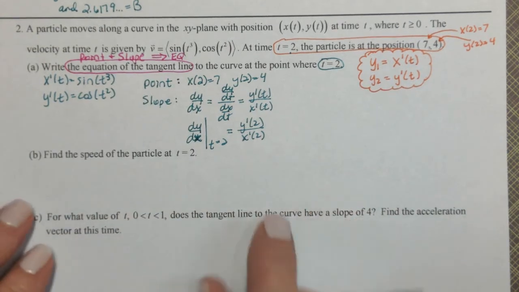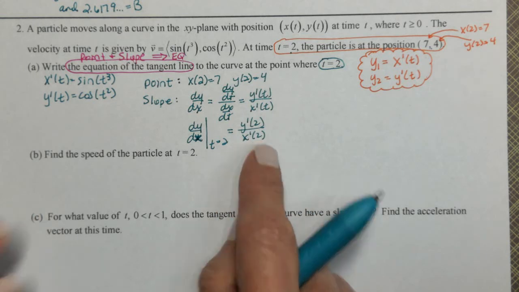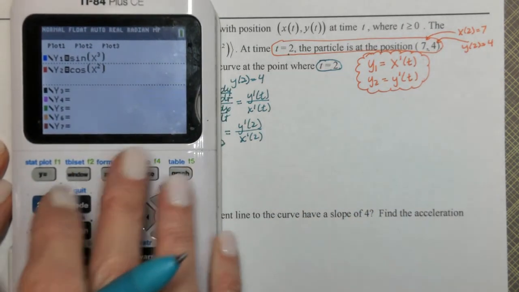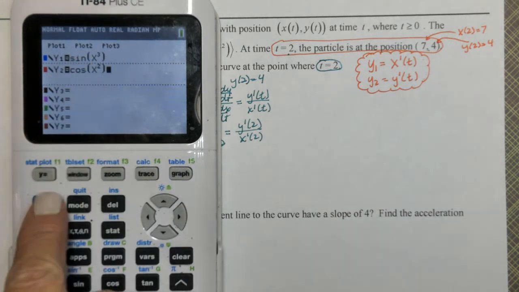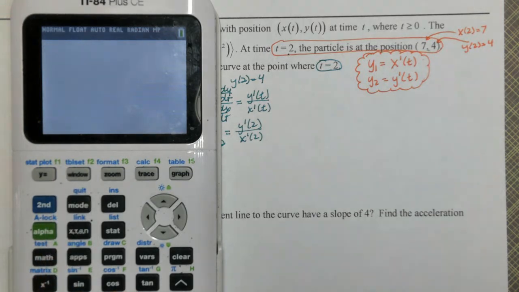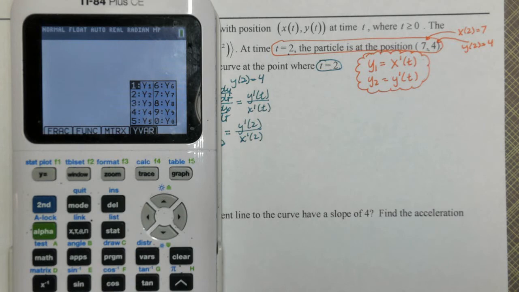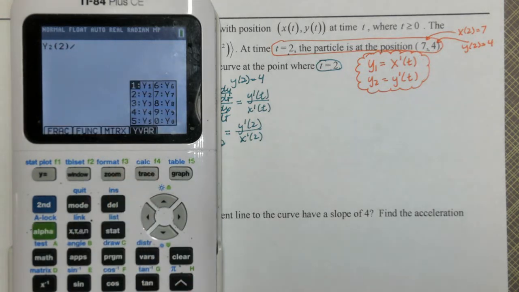All right. So now I want y prime of 2 divided by x prime of 2. Well, y prime is stored in for y2, x prime is stored in for y1. So on my home screen, I'm going to pull out my y2 at time 2, divide by y1 at time 2.